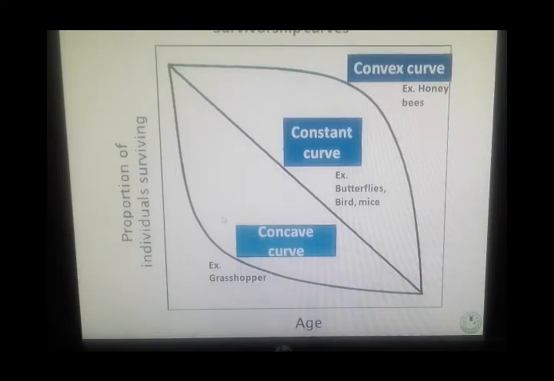Now, where and how do we get these different kinds of curves?